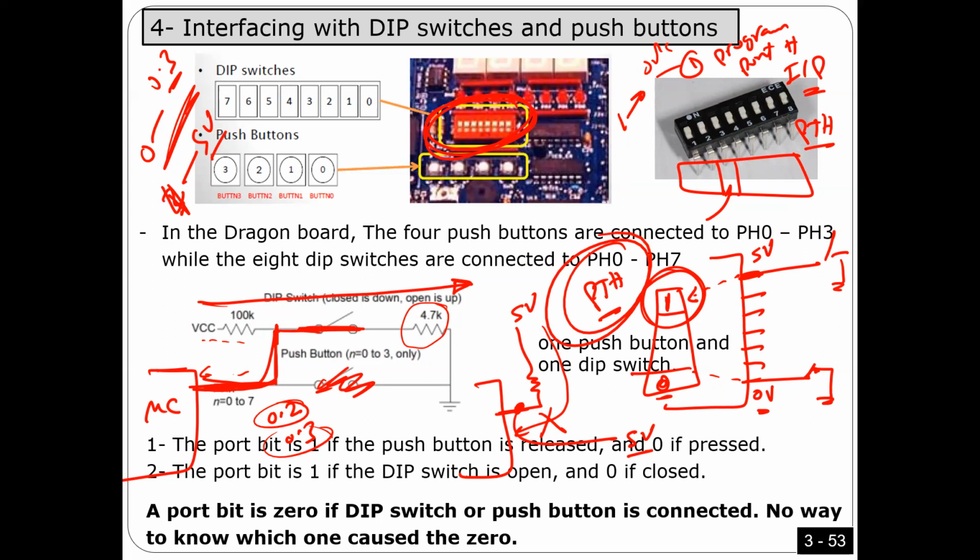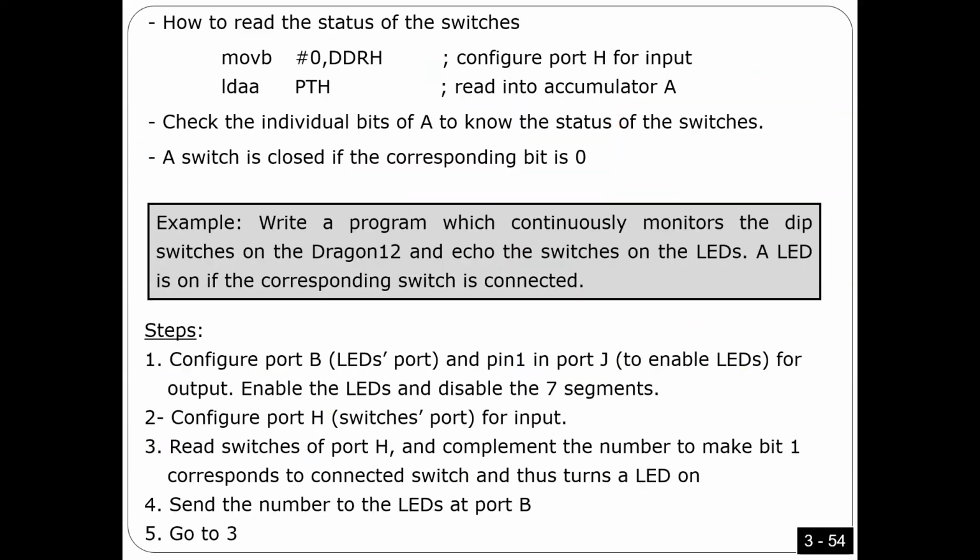When I check bits, if I find that the bit is 0, that means the switch is connected. If it is 1, that means the corresponding switch is open. That's it. So now, programming-wise, the problem became: if you have a byte, how can you check some bits? And we did it many times. Okay, so now let's have 2 programs on this part quickly.